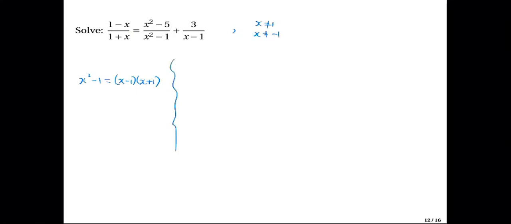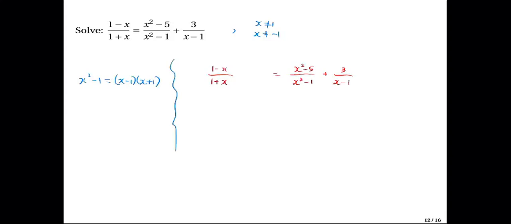So we have 1 minus x divided by 1 plus x, equal to x squared minus 5 over x squared minus 1 plus 3 over x minus 1.